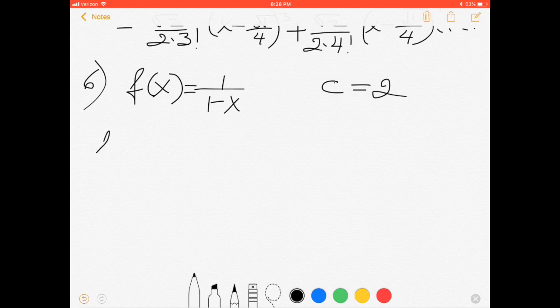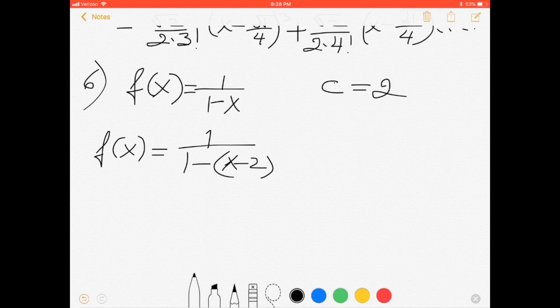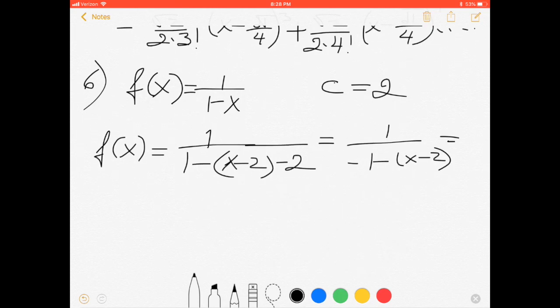You're only doing a trick. We write 1 minus, I need center 2. This means I write x minus 2. But if I distribute, this means I add 2. I need to subtract 2. Okay, here I have 1 minus 1 minus (x minus 2).